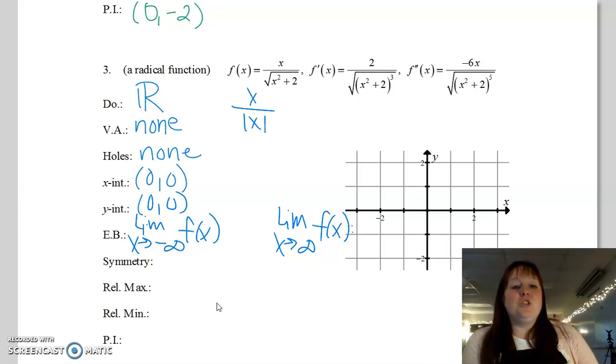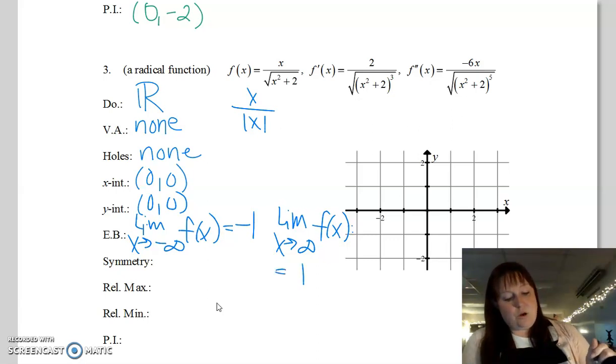So if I put a hugely negative number in here, I get a hugely negative number over a hugely positive number, so it's going to be negative 1. And if I put a hugely positive number, I get a huge positive over a huge positive, which is positive 1. So that means we're going to have horizontal asymptotes at positive 1 and negative 1.